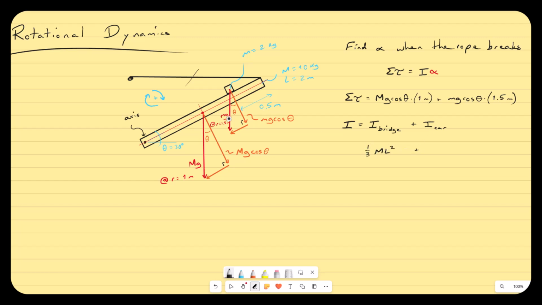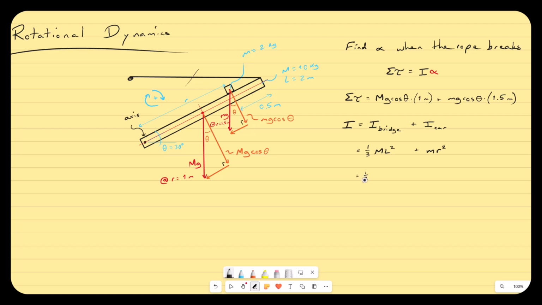For the car, that thing's acting as a point mass, so m times, I suppose I can call this distance d, or little r. I'm going to call it little r so that I don't mistake anything for parallel axis theorem. M times r squared.